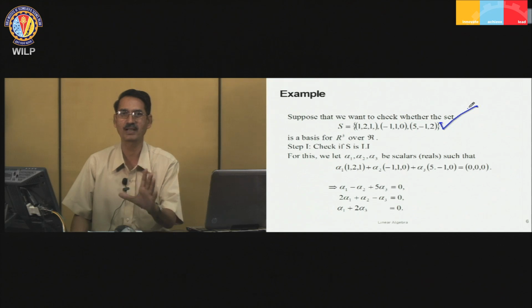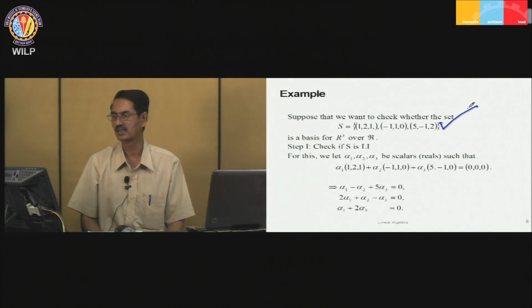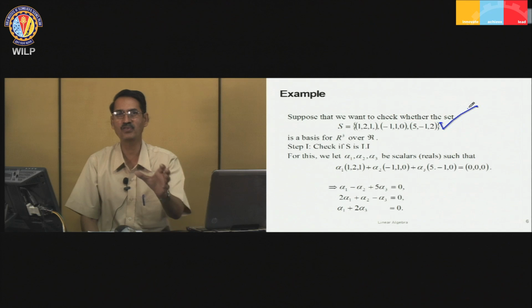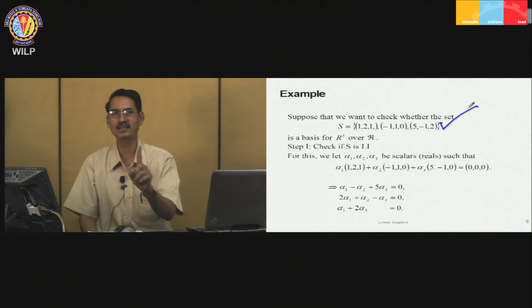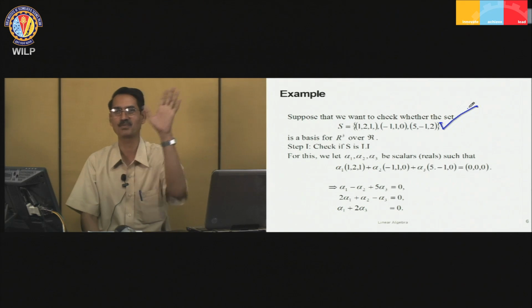The reason must be clear: the number of elements in the given set S is 3 and this is equal to the dimension of R3, and therefore S spans R3. So if we can show that this set S is linearly independent, it will imply that S is a basis.